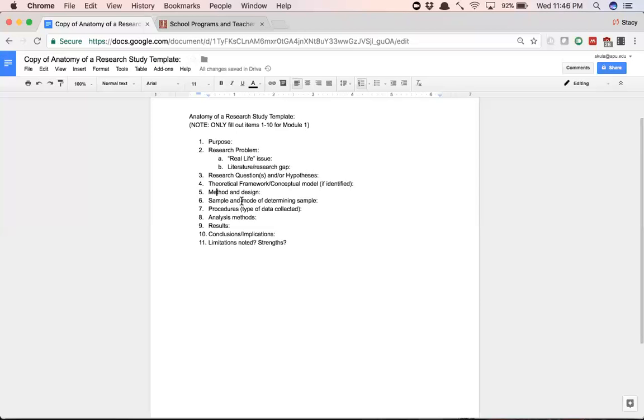The quantitative stuff is going to have to do with statistics: correlations, t-tests, ANOVA, all these kinds of statistical tests. That's all quantitative. They gather data that can be converted into numbers, or it came in numbers naturally.